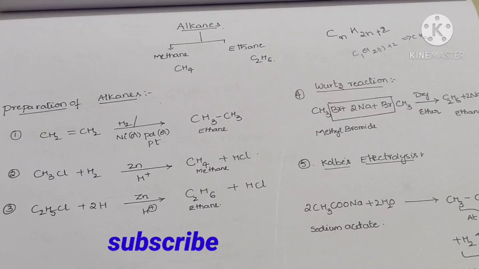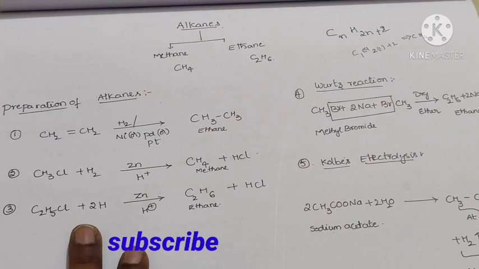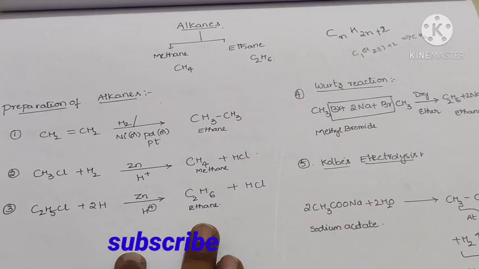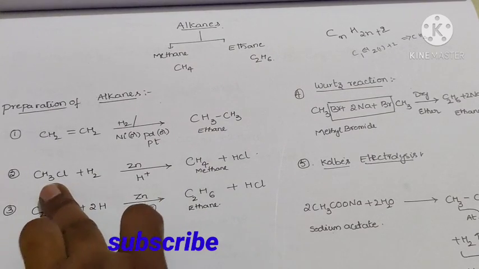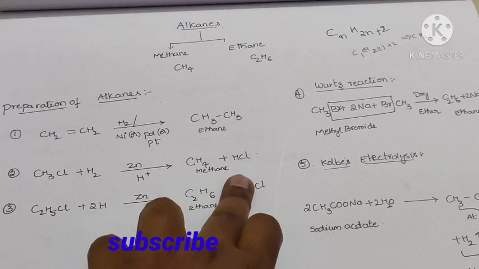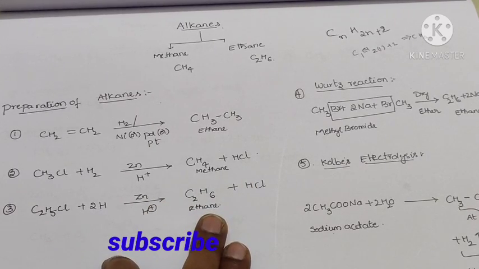And the next preparation for ethane is we take ethyl chloride, C2H5Cl, and add hydrogen to produce ethane in the presence of zinc and acid. If we take methyl chloride, methane is produced. If we take C2H5Cl, ethane is obtained.